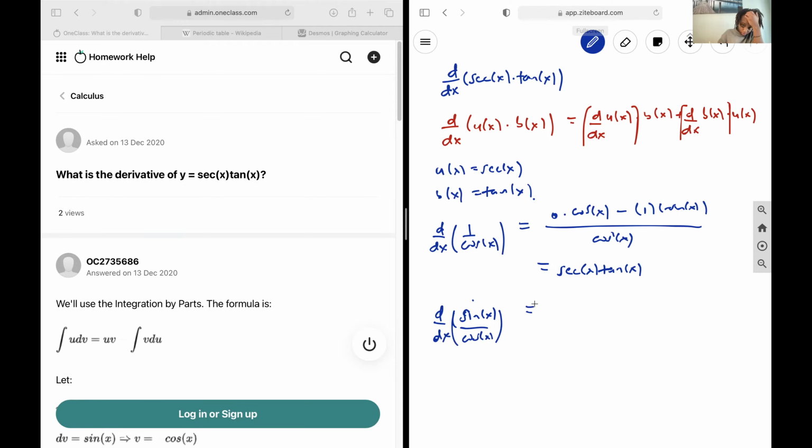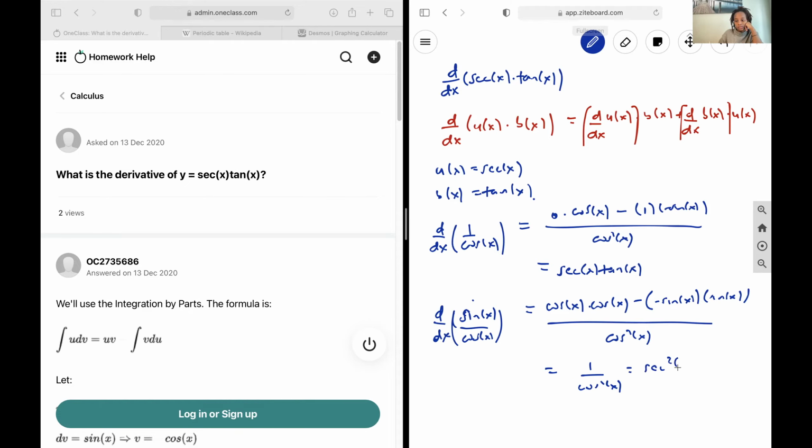That is going to become cos x times cos x minus negative sine x times sine x, all over cos squared x. This just becomes 1 over cos squared x, and that is secant squared x. And so that means that u prime of x, where u is secant x, is equal to secant x tan x, and v prime of x is going to be equal to secant squared x.